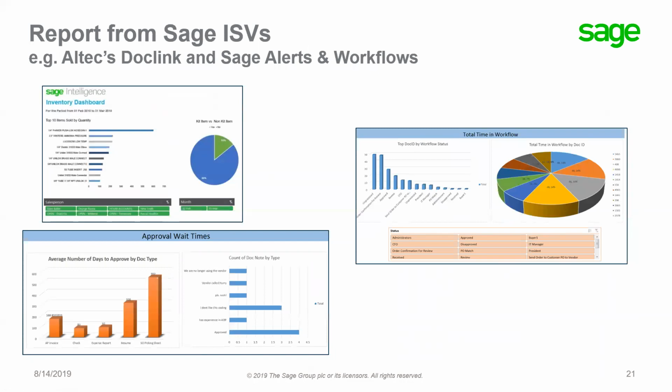So here's just a couple of simple examples. There's that inventory dashboard I showed you earlier, but there's two that are DocLink reports, so simple reports, pictures worth 1,000 words, that could really show what's going on, maybe with processes, etc. Sage Alerts and Workflows is also a great opportunity to be able to send an alert on anything that happens in your database, but let's go even further and send a report based on that alert.